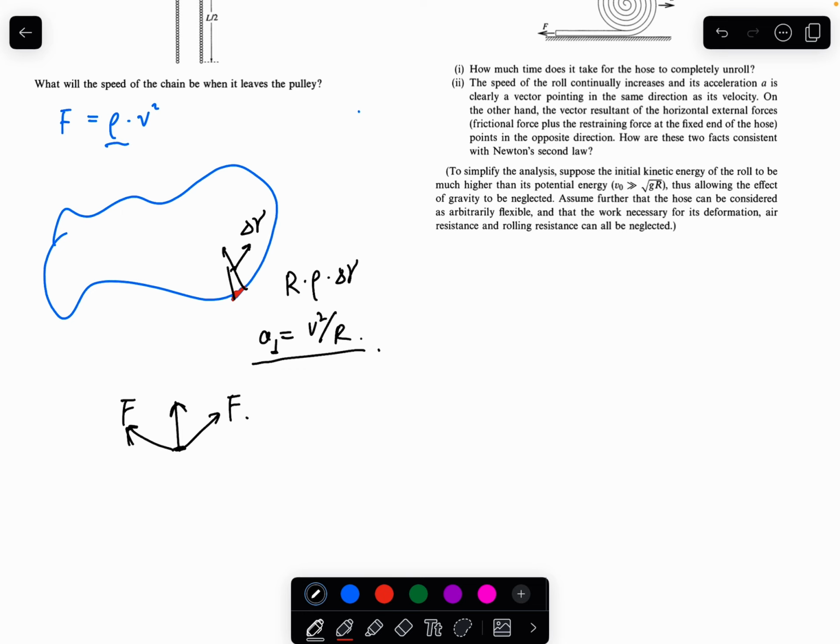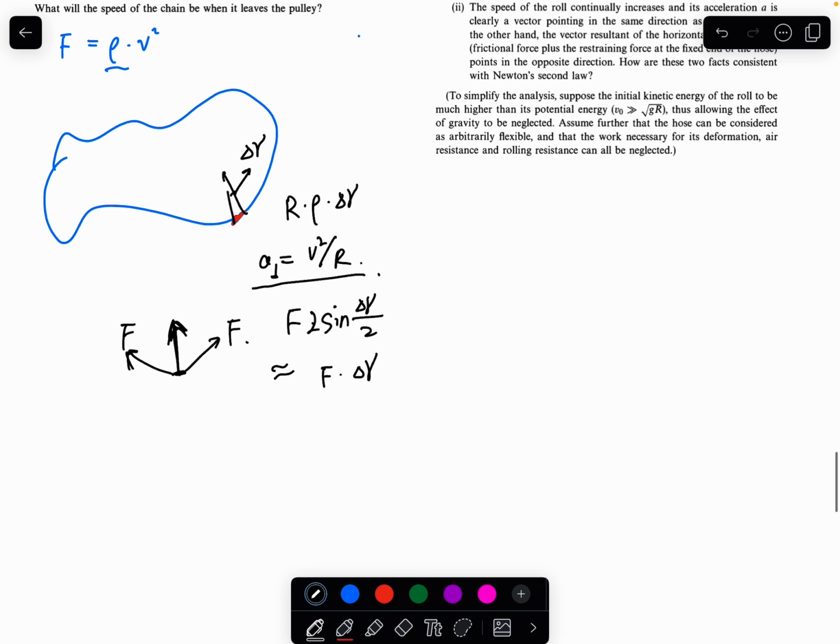We know that for this kind of question, the magnitude of the centripetal force is F times 2 sine of delta gamma over 2. When delta gamma is very small, it equals F times delta gamma.